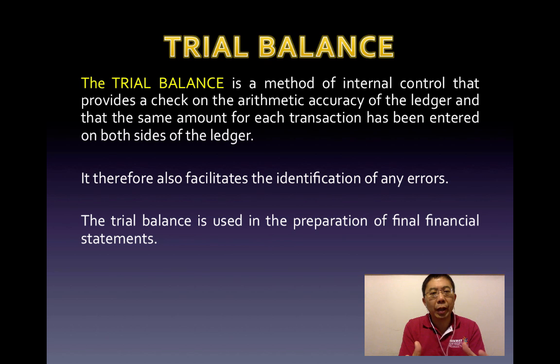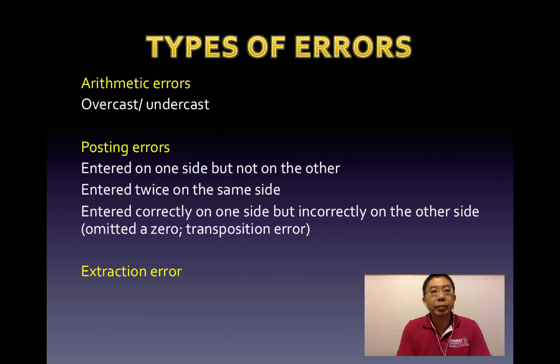So the trial balance allows us to detect any particular errors that may have occurred, right, because of the volume of transactions that we have. And besides detecting errors, the trial balance is also used as a source to extract the balances for the production of the financial statements.